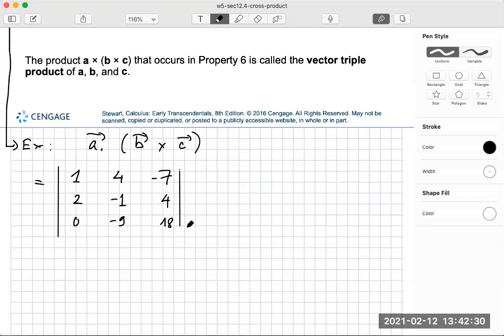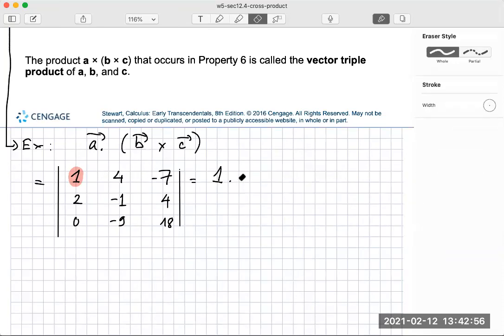So applying the determinant formula of order 3 here, what do we have? Suppose we consider the first element here, right? That is number 1. We multiply with this determinant of order 2.